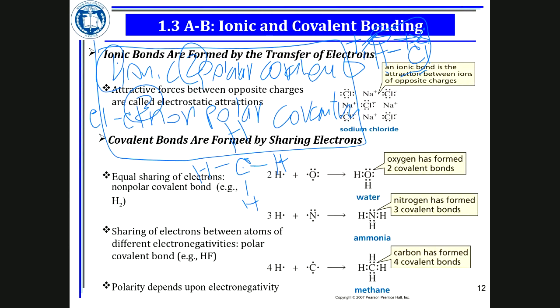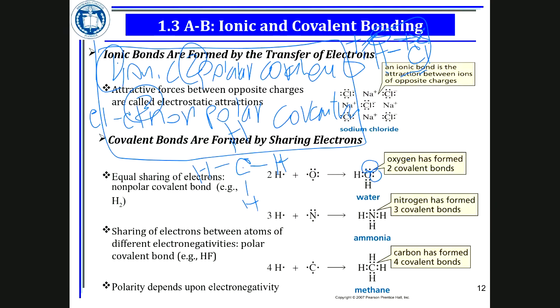When you write oxygen or a compound containing oxygen, you see there are 2 pairs of electrons that are not shared. So these are unshared pairs of electrons, and that makes the molecule more attractive for organic chemistry.